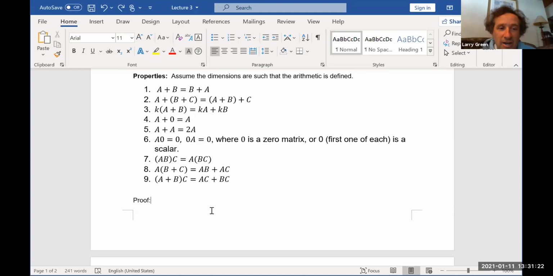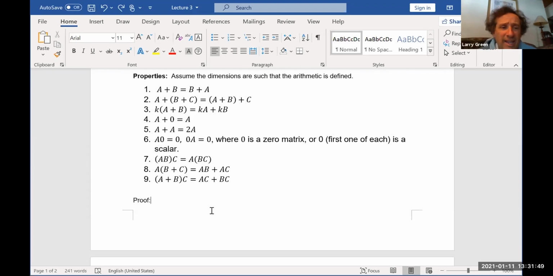So know that A times B and B times A are not necessarily equal. Now A times 0 and 0 times A, those are equal. Those commute. So 0 always commutes, but not every type of matrix. In fact, you don't even always get the same dimensions for A times B and B times A.